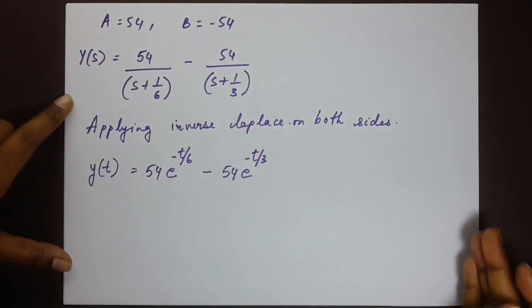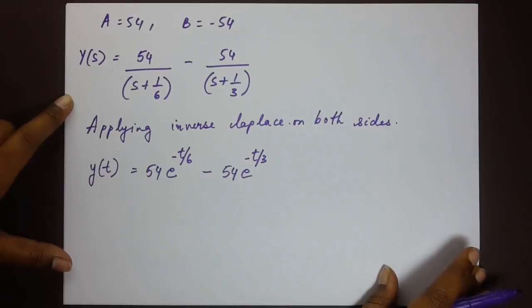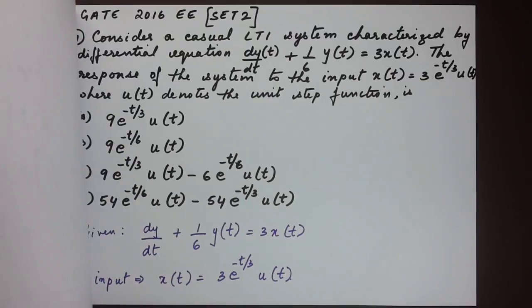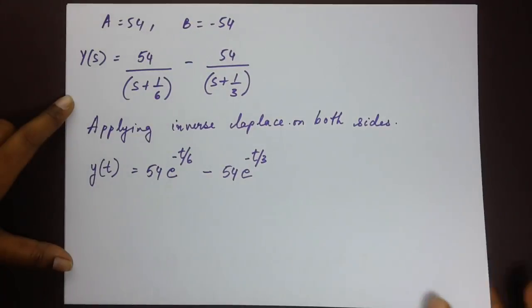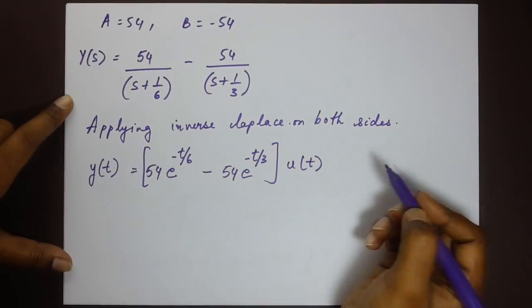Now the question mentions that u of t is a unit step, that's what the question says. Let me just go back here, see. The u of t denotes the unit step function, so we need to multiply this expression with u of t.